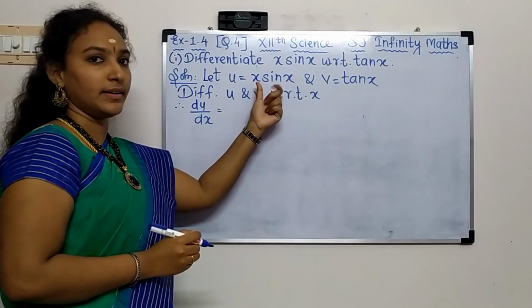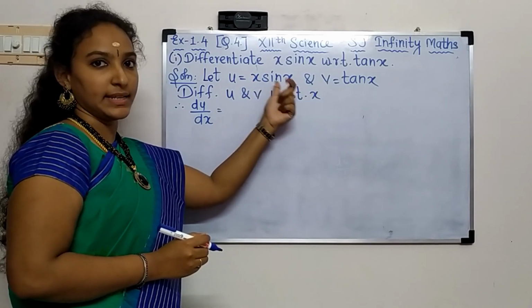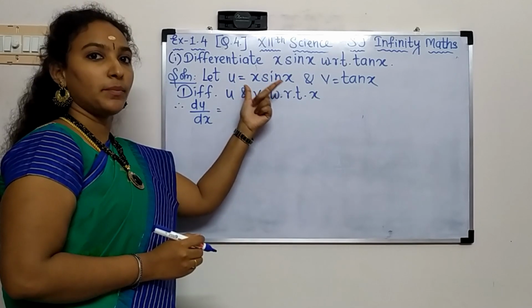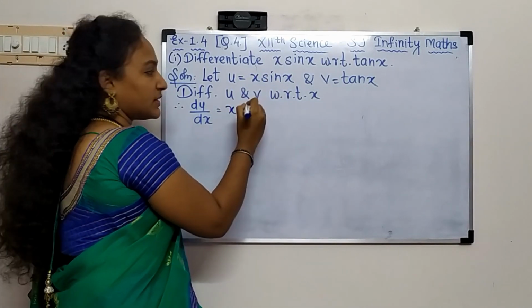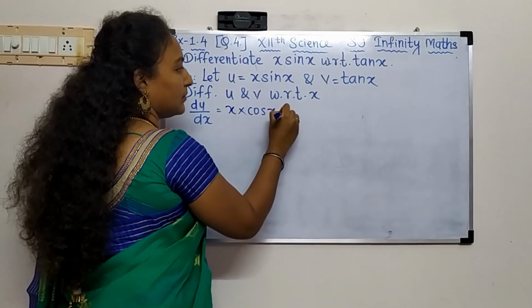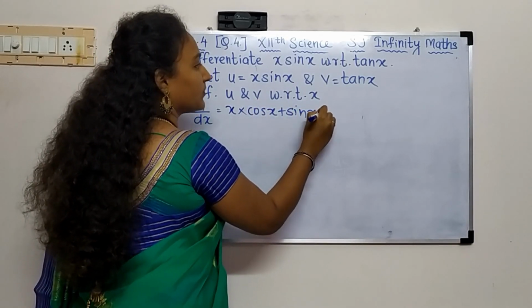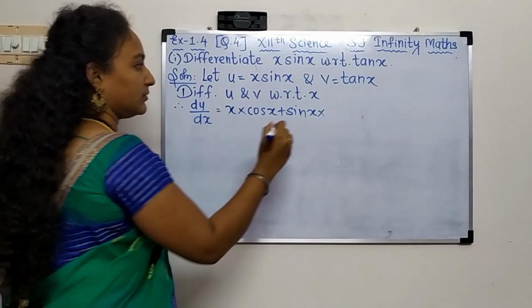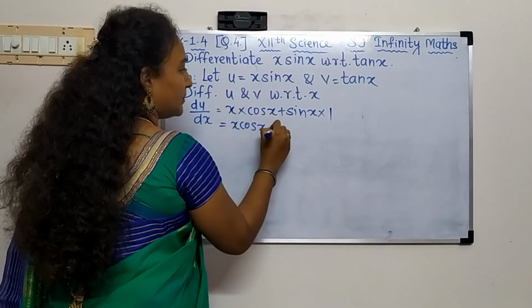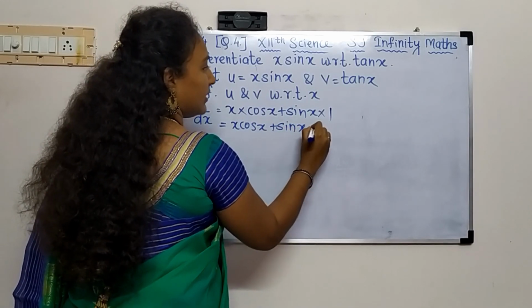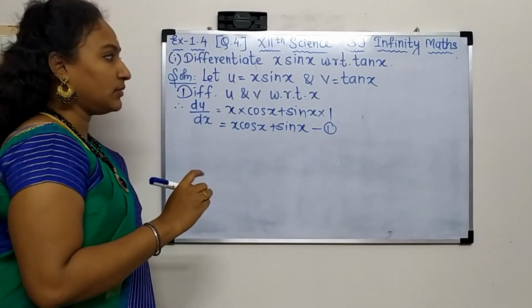This is a product term, x into sin x. So we have to use the product rule over here. Therefore, x into derivative of sin x, which is cos x, plus sin x into derivative of x, which is 1. So this is equal to x cos x plus sin x. Let this be equation number 1.